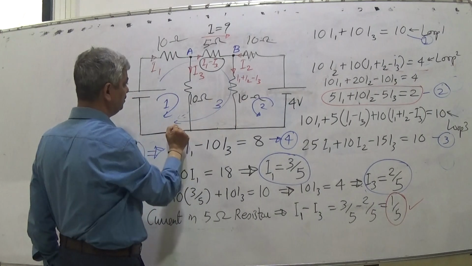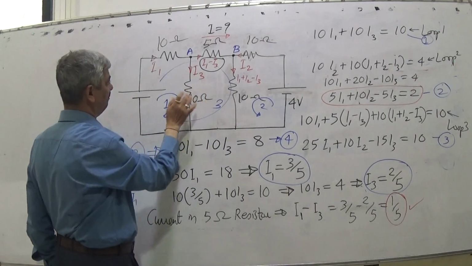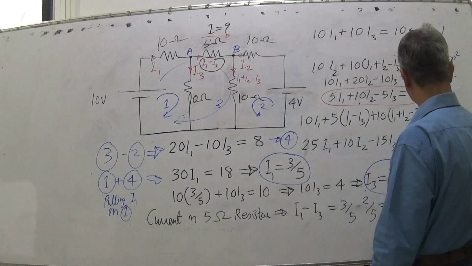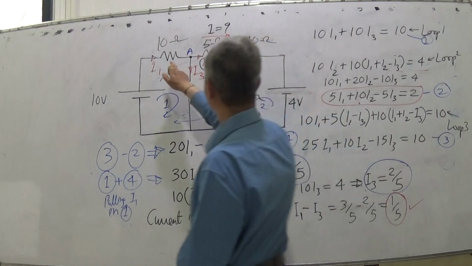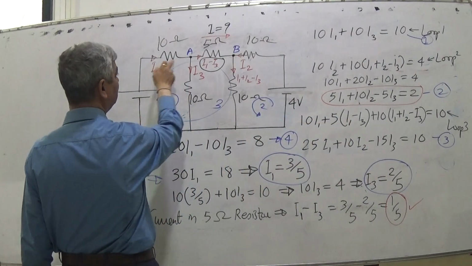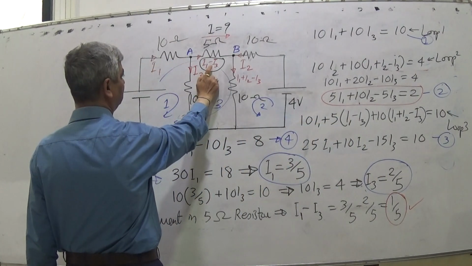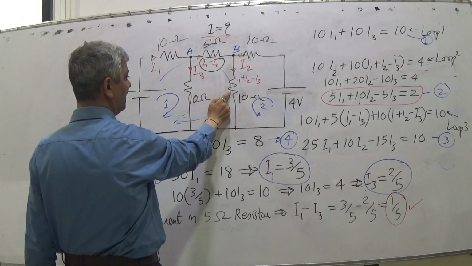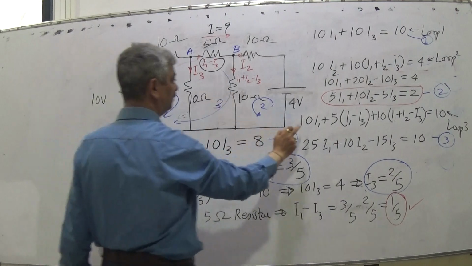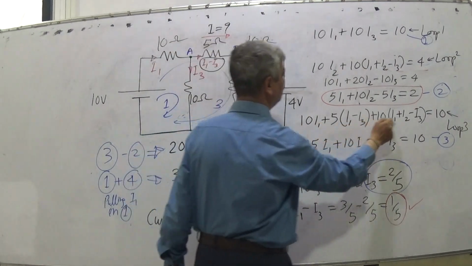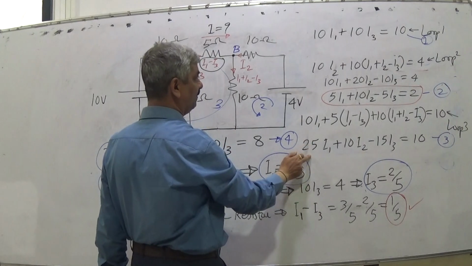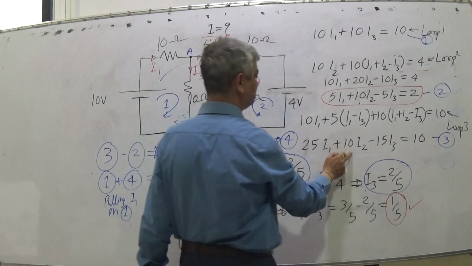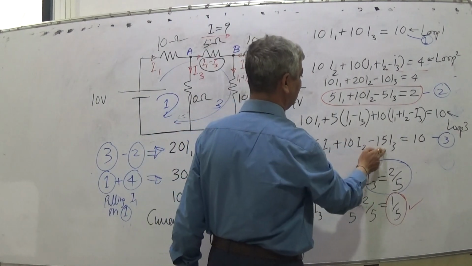This is loop 3. In this loop 3 again, voltage source equal to voltage drop. So voltage source is 10, voltage drop 10 I1 plus 5 into I1 minus I3 plus 10 into I1 plus I2 minus I3. So 10 I1 plus 5 into this plus 10 into this, I simplified 25 I1 plus 10 I2 minus 15 I3 equal to 10.